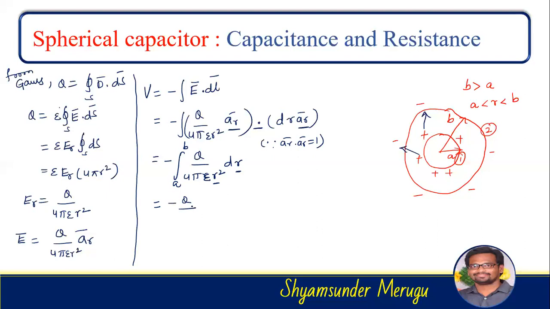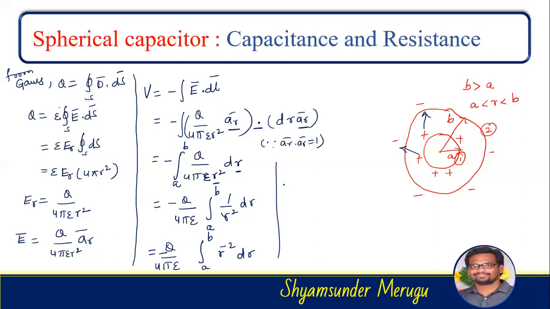So we are writing outside the integration minus of Q by 4 pi epsilon, then integration A to B of 1 by r square dr. And simplifying this one, Q by 4 pi epsilon, then integration A to B, writing this one as r power minus 2, then dr.